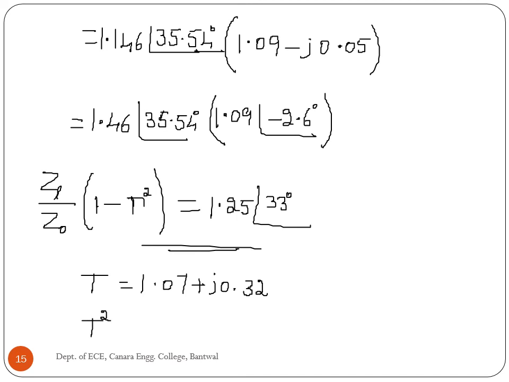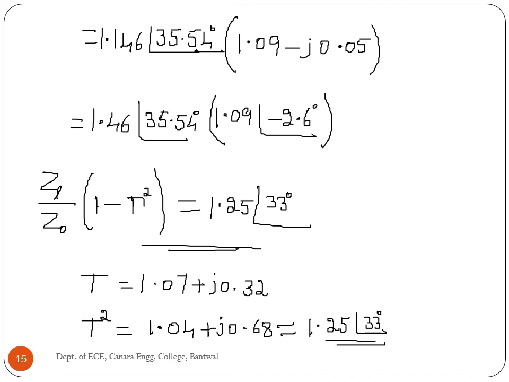Square of this answer, square of T, is 1.04 plus j0.68, which is equal to 1.25 angle 33 degree.